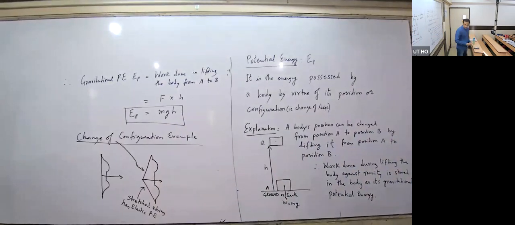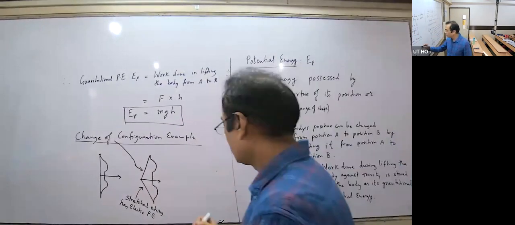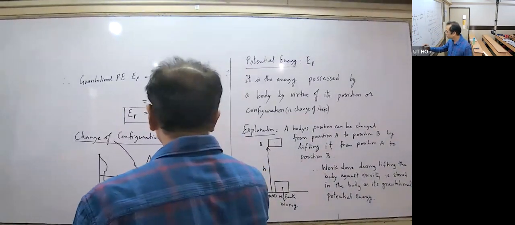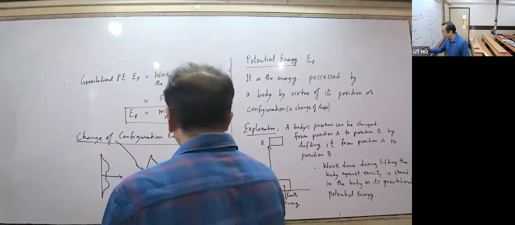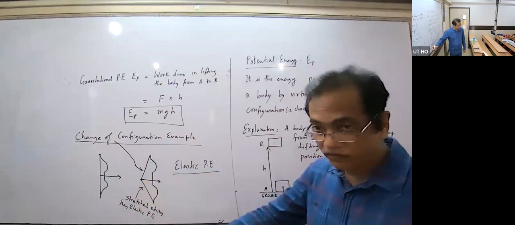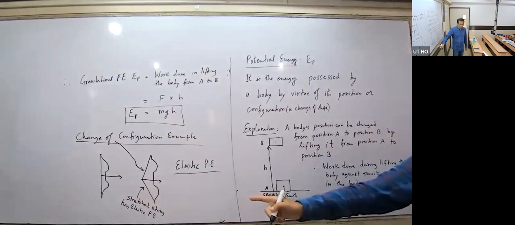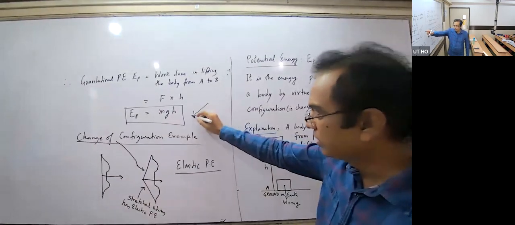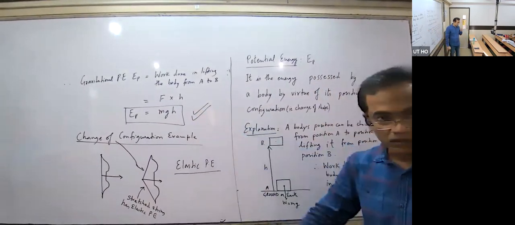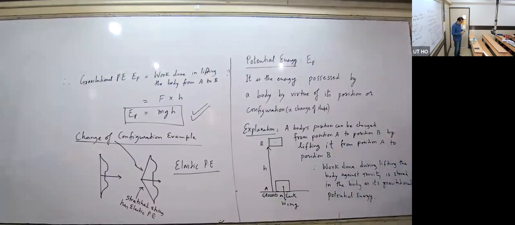It's called elastic potential energy, and we will not be discussing elastic potential energy. Whenever there is a change of shape, the potential energy is elastic potential energy. But we will be taking questions on gravitational potential energy only.